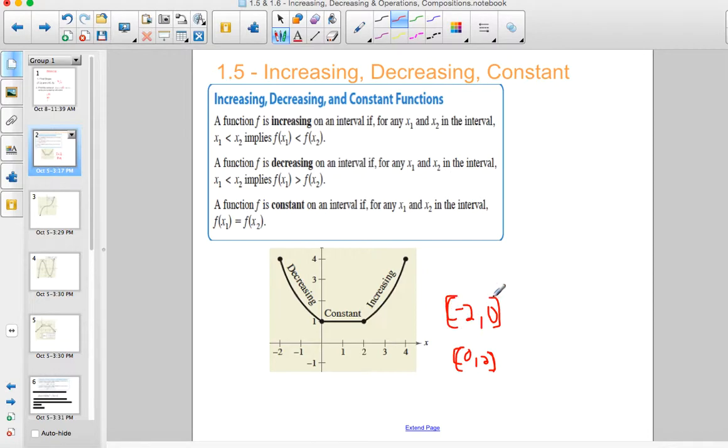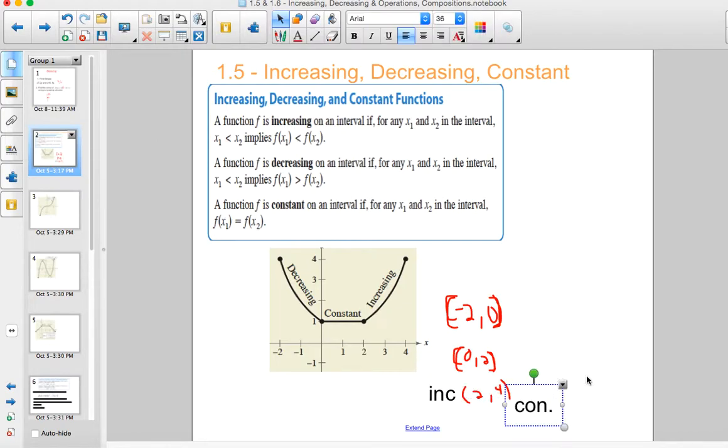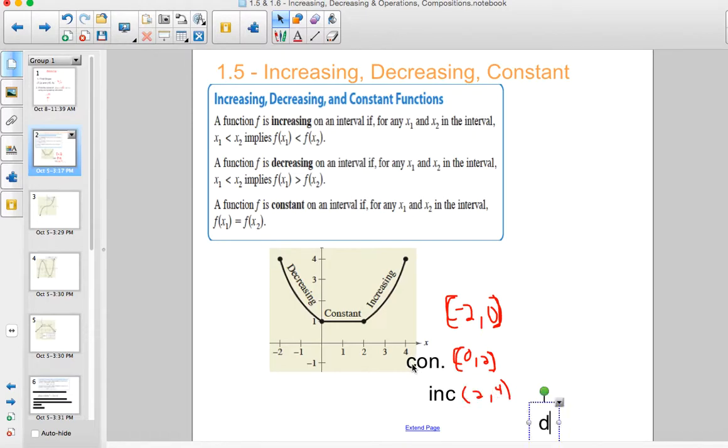Even though it's included, you can just always use parentheses for increasing, decreasing, and constant. And then it's increasing from 2, not to infinity. It looks like it stops right there at 4, right? So you would just want to label these as, right here I'll just do it. Increasing for this one, and then 2 to 4, constant, 0 to 2, and decreasing from negative 2 to 0.